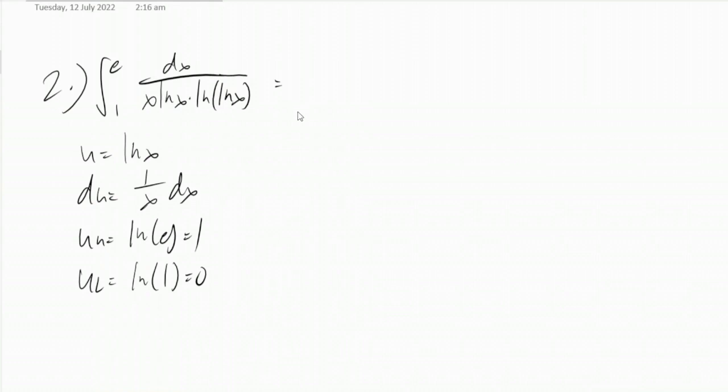Now we're going to substitute it. We have the integral from 0 to 1 of du over u ln u, since dx over x here is simply du, and then ln x is u, and this here, ln x, is also u.